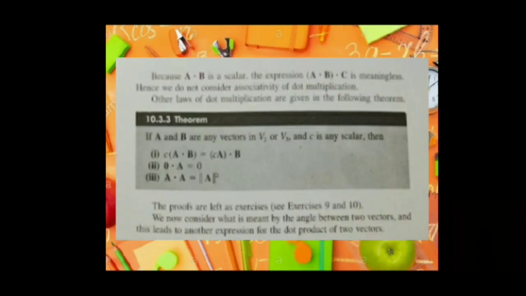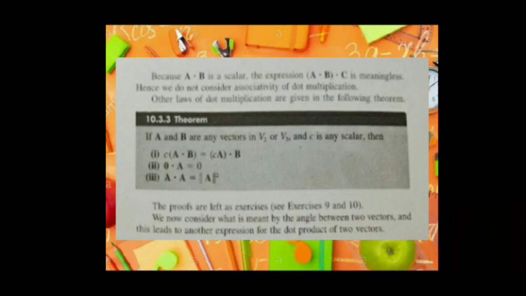In Theorem 10.3.2, if A, B, and C are any vectors in V2 or V3, then A · B = B · A, the commutative law, and A · (B + C) = A · B + A · C, the distributive law.